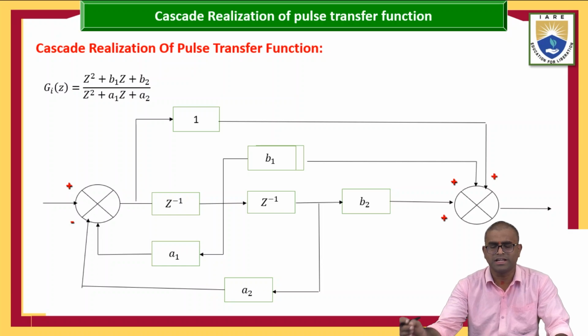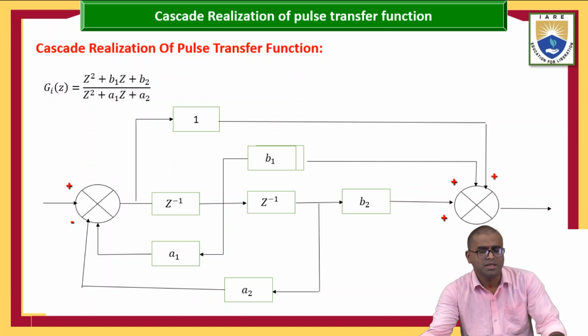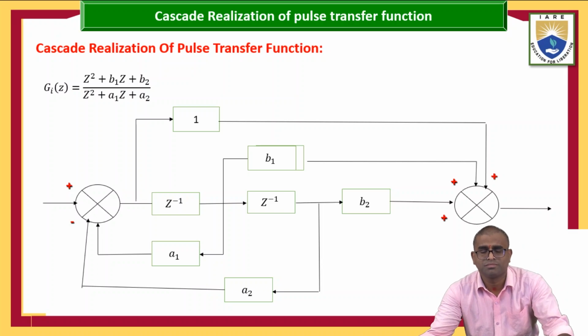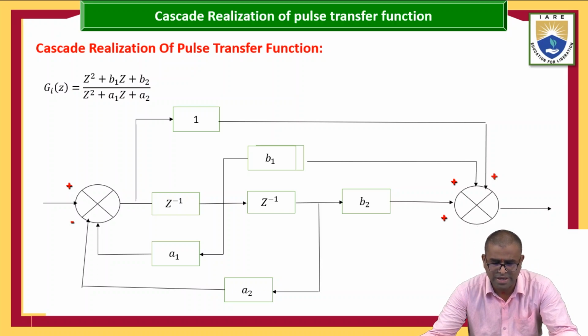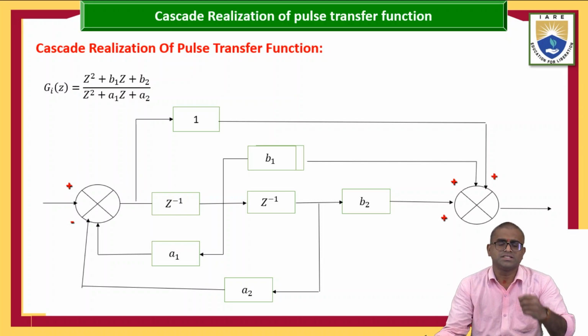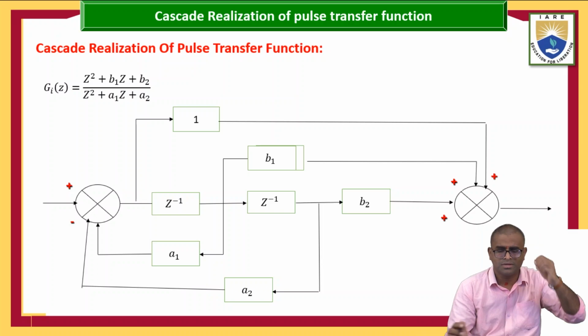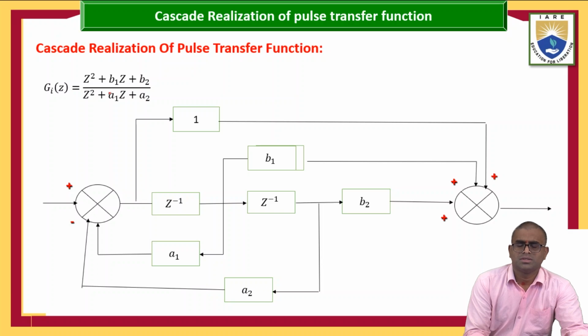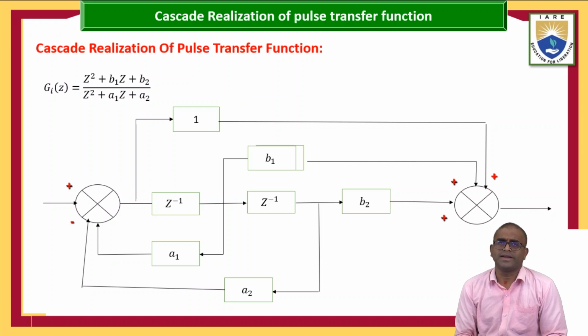Coming to one more generated function, it is a second order system. Considering the second order system, in this function the poles and zeros of the function each have the order of a square term.